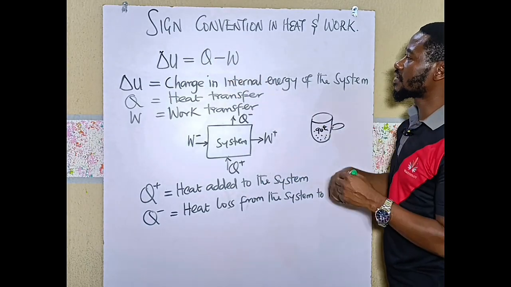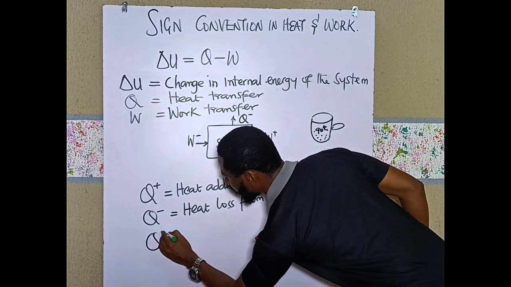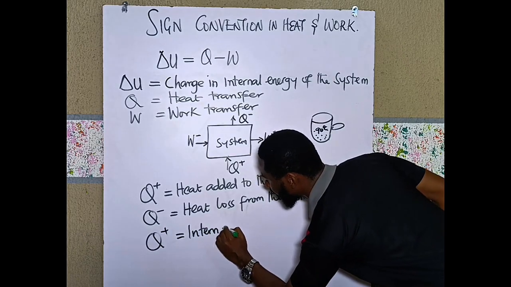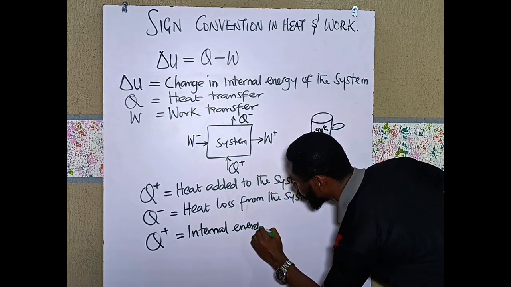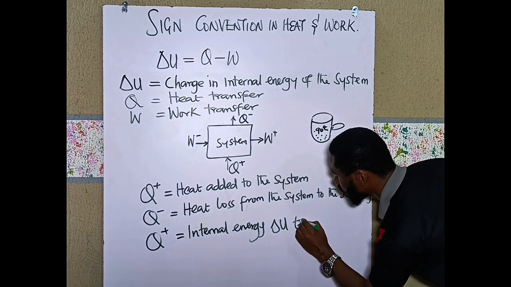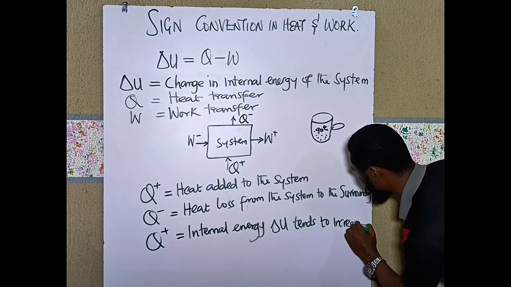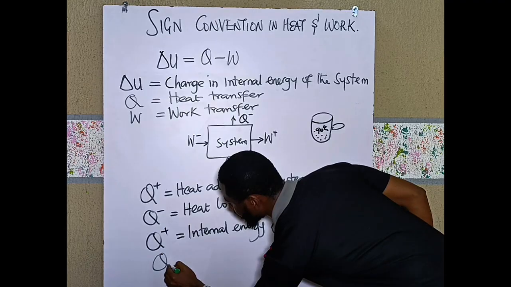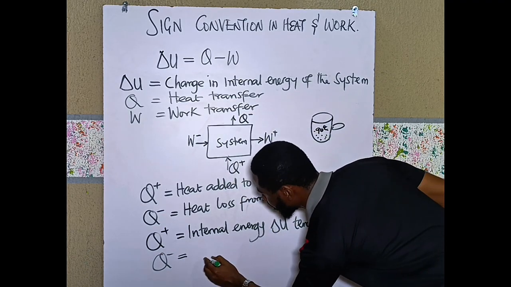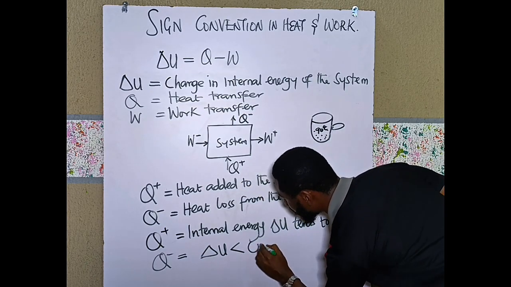The internal energy of the system tends to increase. When heat is added to the system, the internal energy U tends to increase, and when it is lost from the system to the surroundings, ΔU tends to decrease.